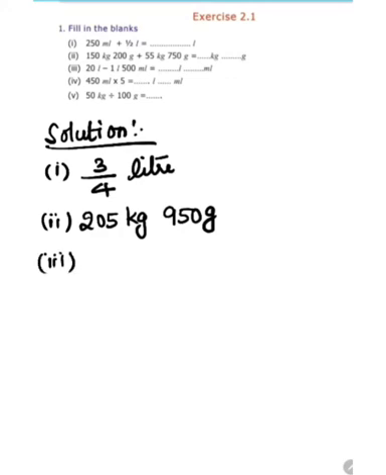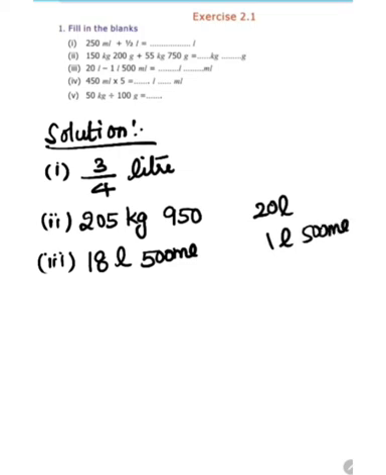The third one is 20 liter minus 1 liter 500 milliliter. So here we take 0, so 500, 20 is 19 liters, so you have to write it as 18 liter 500 milliliter, because you have to take 1 liter here, and this is 500 milliliter.